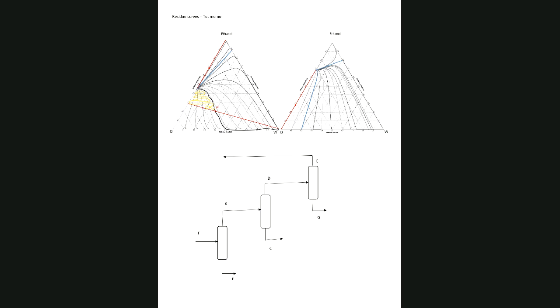That is possible because, wait a minute, I must get my pointer again. This area is possible distillate because, for instance, we can take a point over here on this residue curve. We can take a line that goes through the feed, and then on the other side of the feed, we can touch that same residue curve. If I started over there, we take that residue curve, it runs all along the axis right through to water.